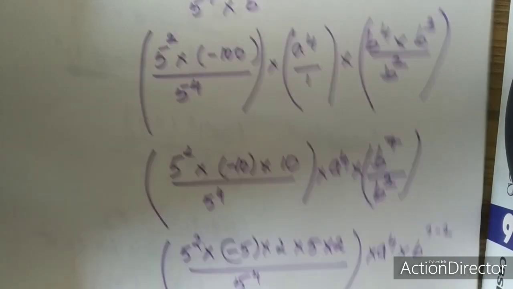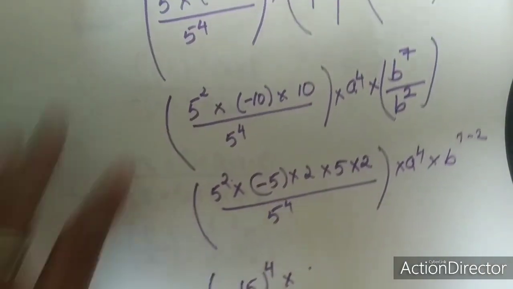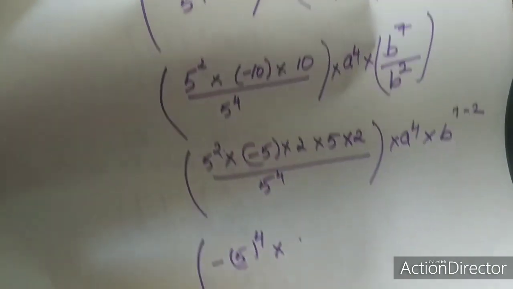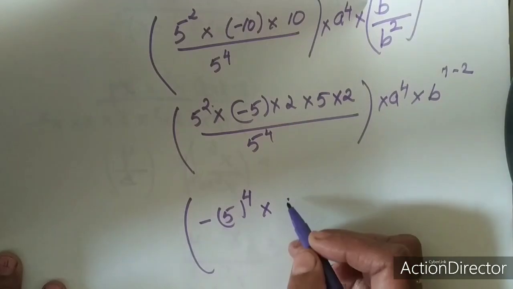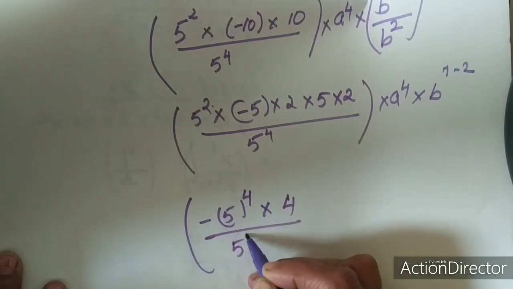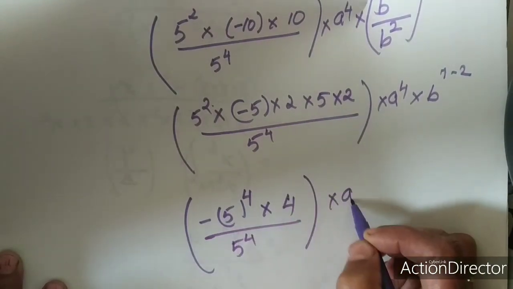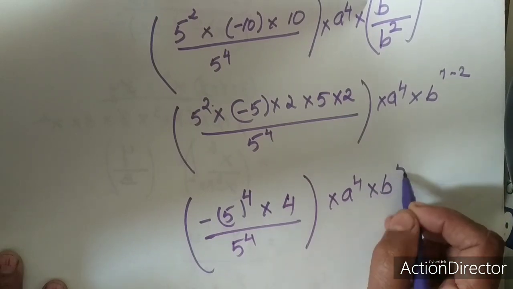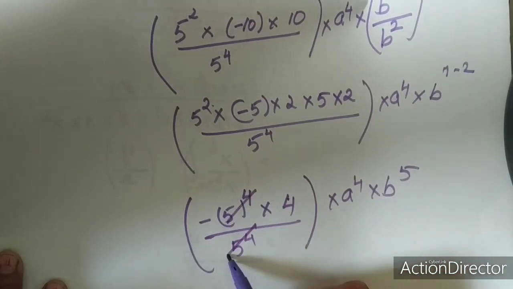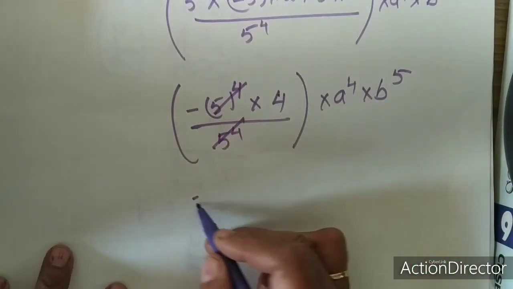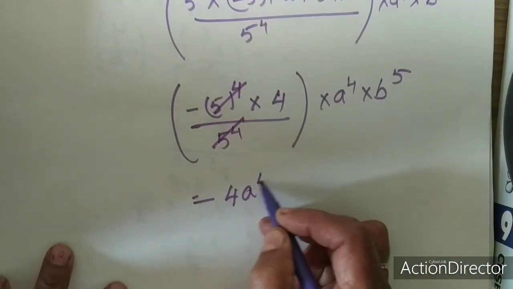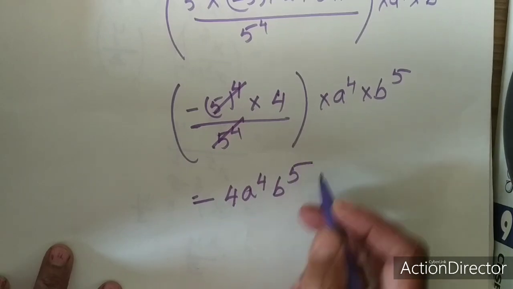So 2 into 2 is 4 divided by 5 power 4 into a power 4 into b power 5. So 5 power 4 can be cancelled. So my answer will be minus 4 a power 4 b power 5.